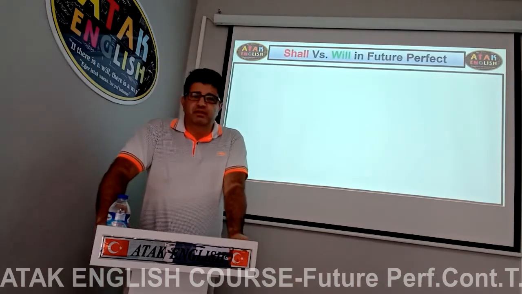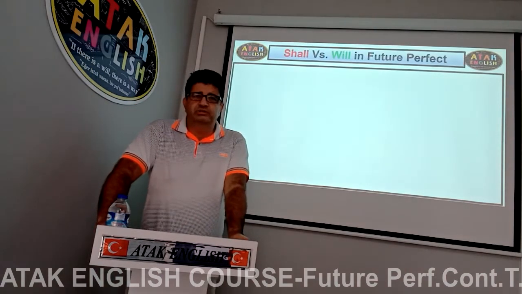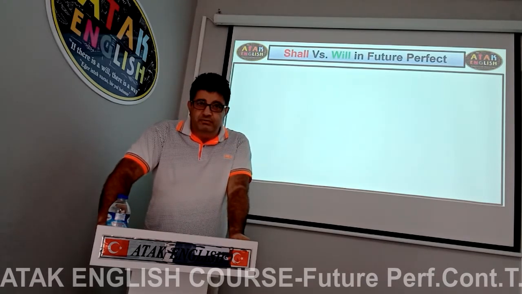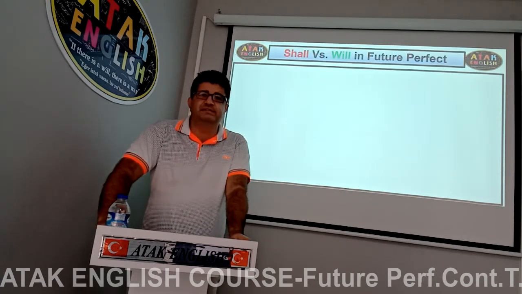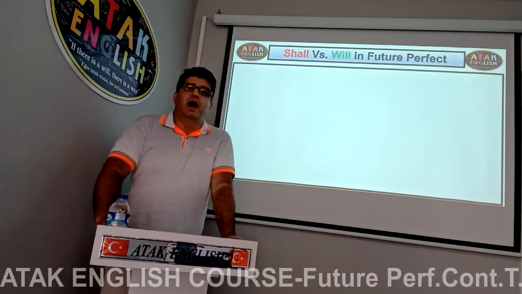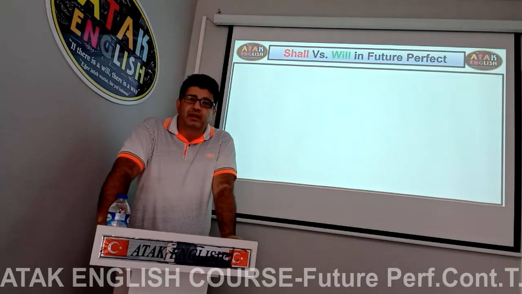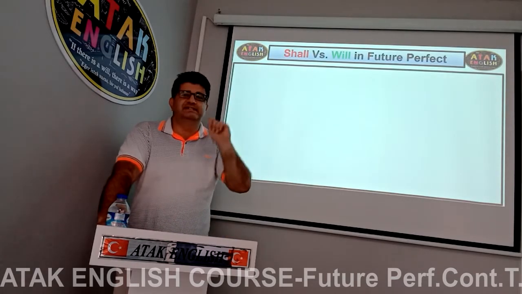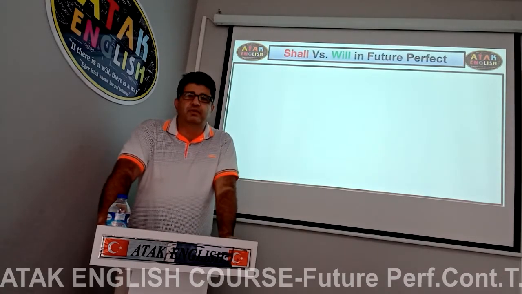Shall versus will. We talked about this in all four of our future tenses, right? Simple future tense, future continuous tense, future perfect tense, and here it is, future perfect continuous tense. I use shall instead of will with the exception of first person singular I and first person plural we.